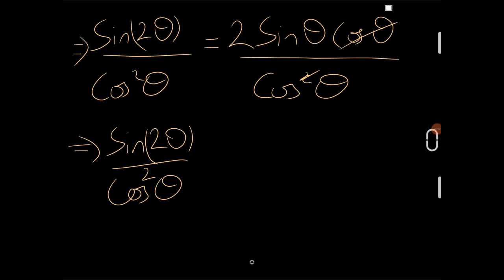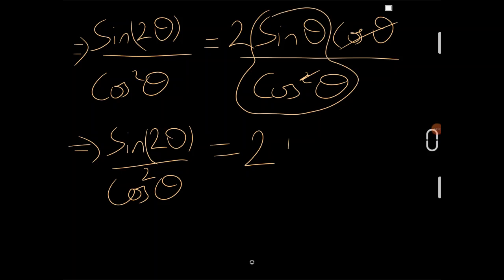When you write cos square and cos 2 theta, write it very neatly. Why? Because your cos square theta should not appear as cos 2 theta. The whole mark will go, then the whole answer will be wrong. So make sure you write it very carefully. Okay. Now sin 2 theta divided by cos square theta is equal to 2 sin by cos, which is 2 tan theta.